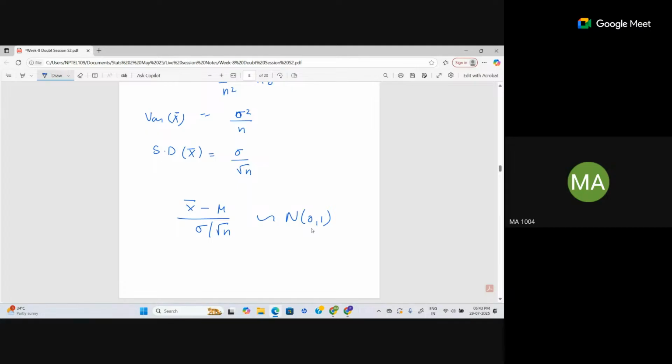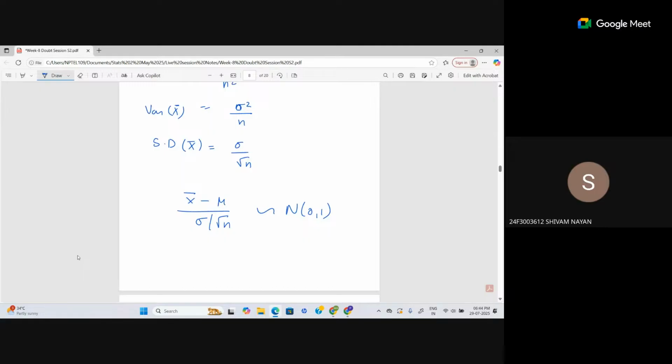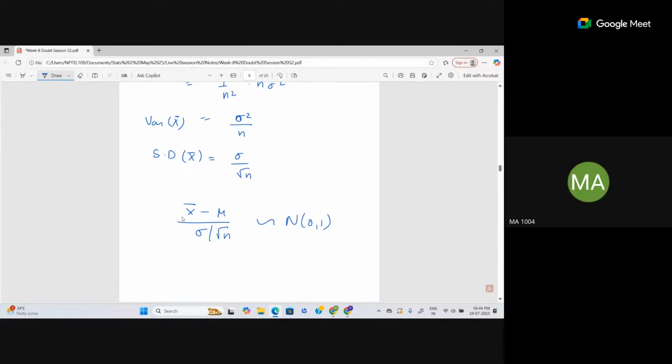Now is it clear when we use sigma root n and when we use sigma by root n? This is for the sample mean. Yes, this x bar here is the sample mean only.